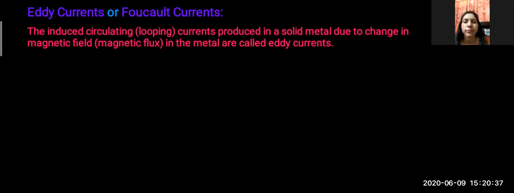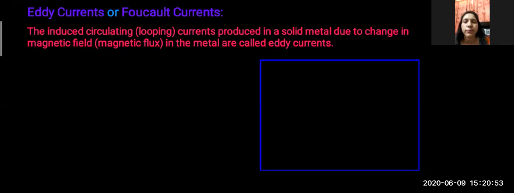Their flow pattern resembles swirling eddies in water. So that's why they are called eddy currents. These eddy currents were discovered by Foucault in the year 1895. Hence, they are also called Foucault currents. I hope this is clear to you.